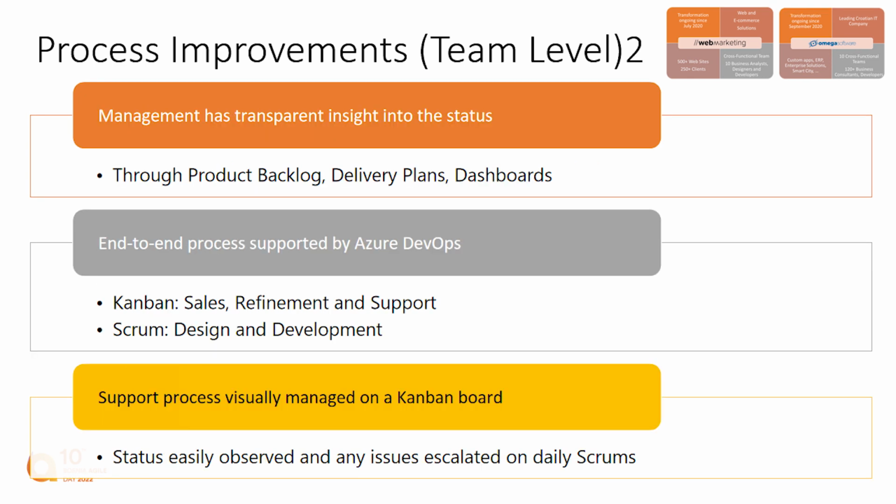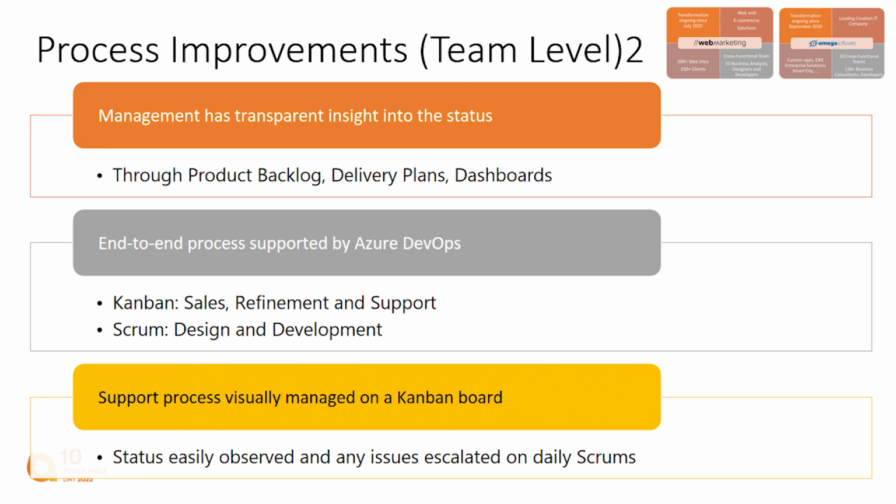Since everything is in one system, we standardized on Azure DevOps, but you could have used any other system that can provide similar services. The level of information transparency provided to the management was much higher than before. And so that improved their ability to drive the organization.